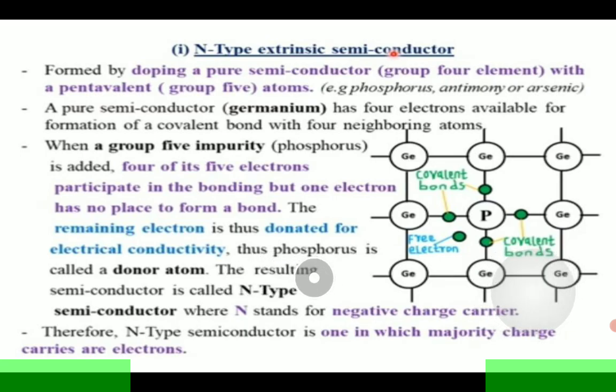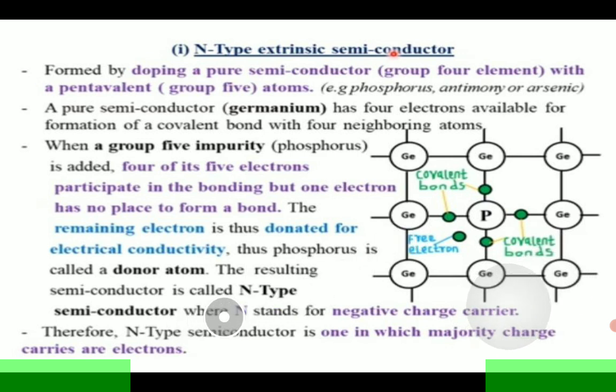So the resulting semiconductor is now called an N-type semiconductor, where N stands for negative charge carrier, resembling an electron. Actually, this is an electron. So the electron, which is freely moving, is going to make the entire structure negative.